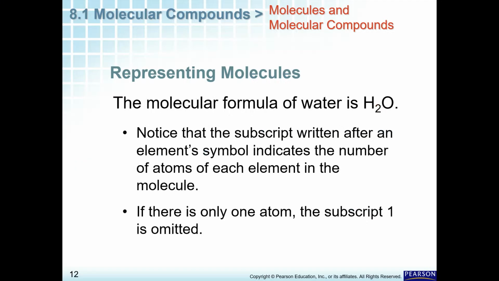A good example of this, if we look back at H2O, the formula for water: this is going to tell me I have hydrogen and oxygen as part of its formula, and then my subscripts are going to tell me how many. So this 2 is going to tell me I have 2 hydrogen, and if you don't see a subscript, it's considered 1. So here I have 1 oxygen.